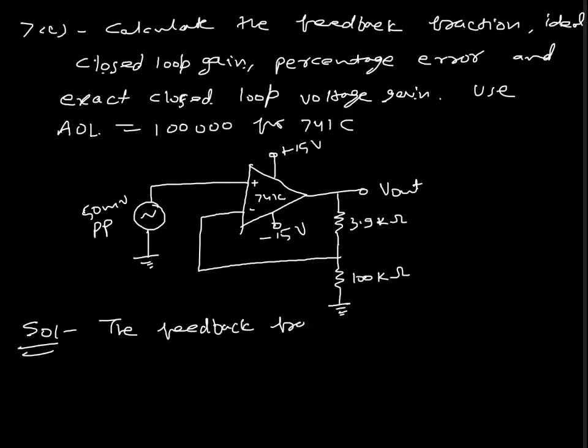So the feedback fraction, we call it B. B is nothing but the amount of feedback fraction. It means the voltage across 100 kilo ohm is taken here. Let me see the question again.